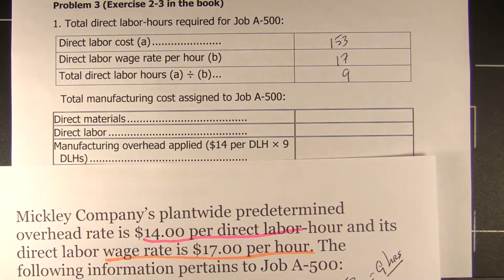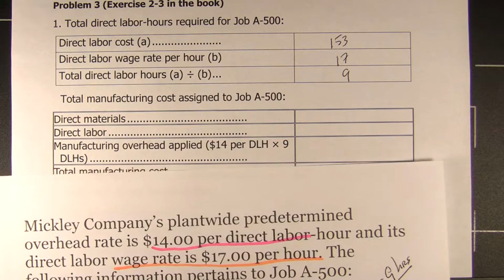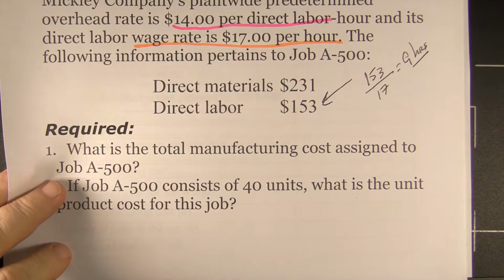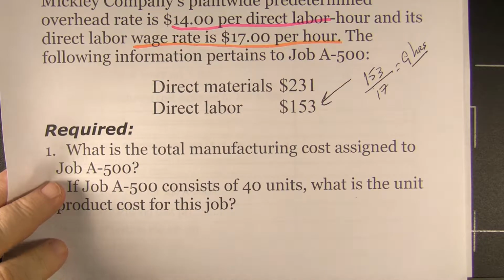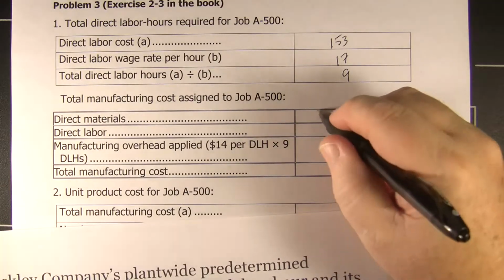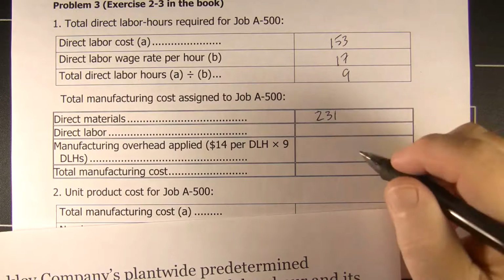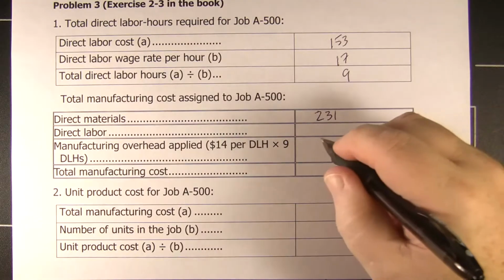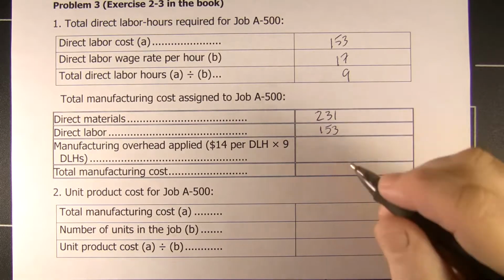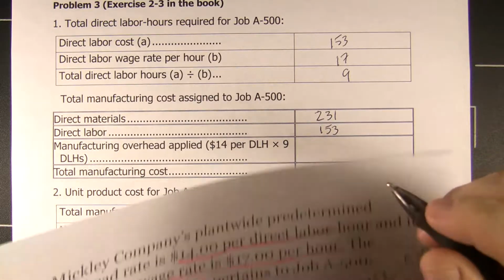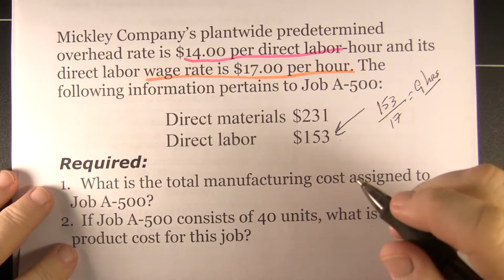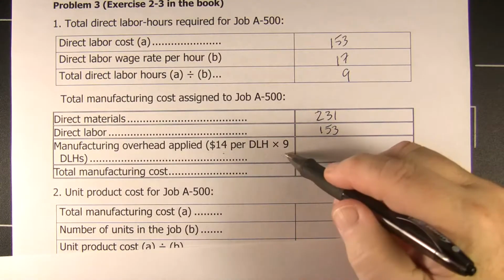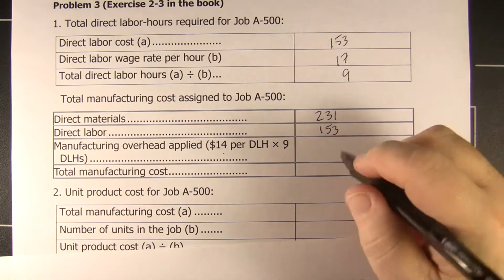We figured that out. Okay, now they flat out tell us the direct materials was $231. And they tell us the direct labor was $153. All we have to do is figure out the manufacturing overhead cost, and that's the $14 per hour times the 9 hours.